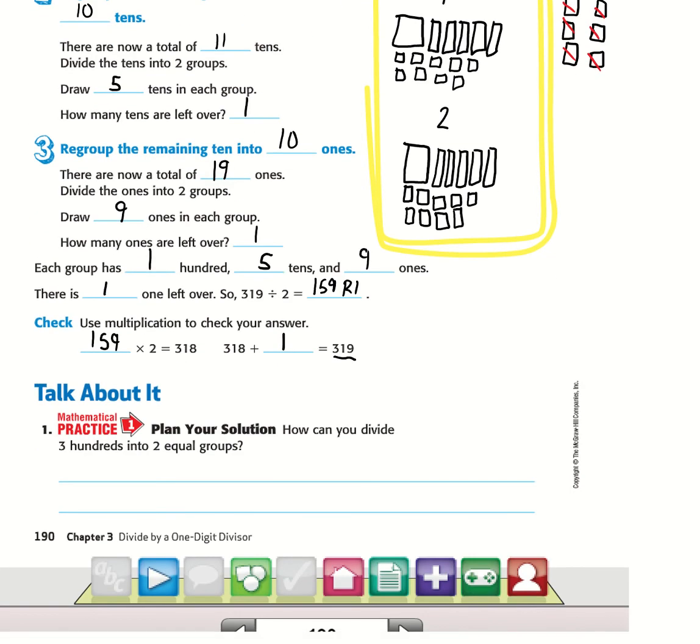So talk about it. How can you divide 300s in two equal groups? So we know we can have 100 in each group.